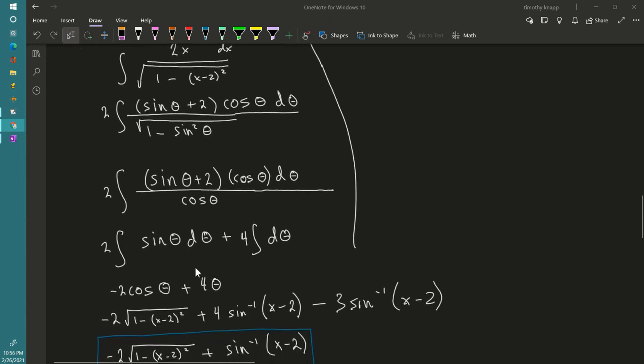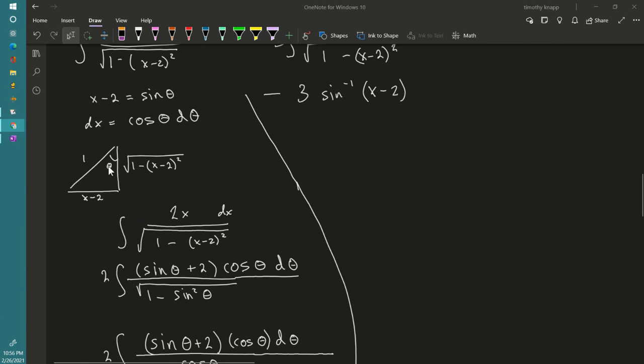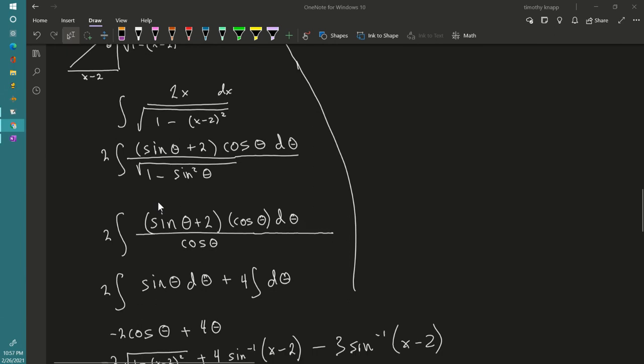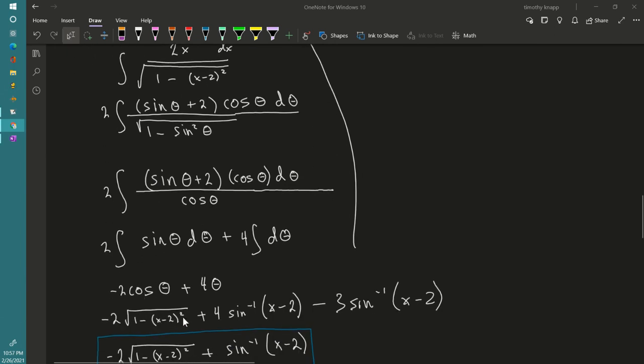And now, taking these integrals here, the integral of sine is negative cosine. The integral of 4 is 4 theta. Going back up to that triangle, cosine theta is the adjacent to theta divided by the hypotenuse. So it's just the adjacent to theta right there.